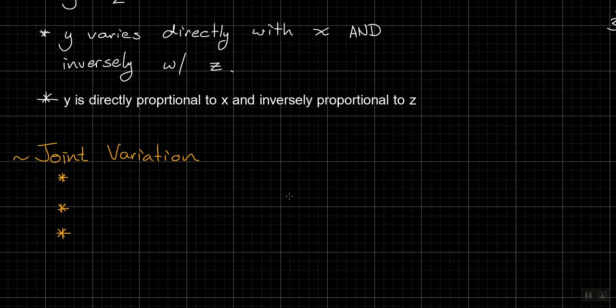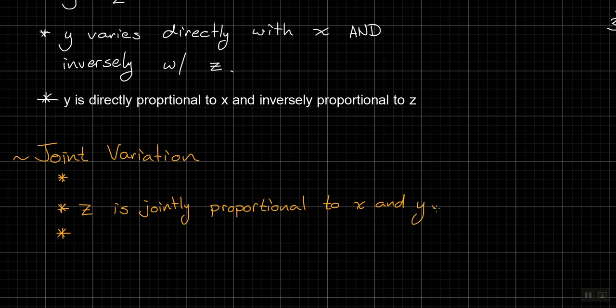I'm going to say the following. z is jointly proportional to, let's hypothetically say, x and y.